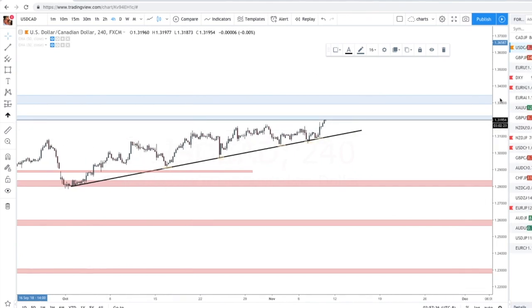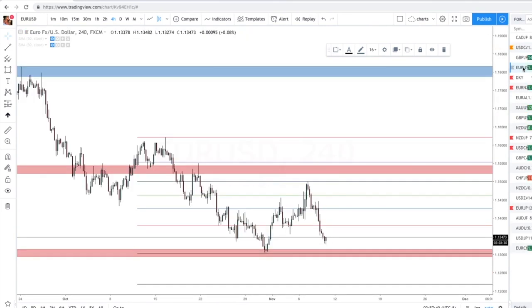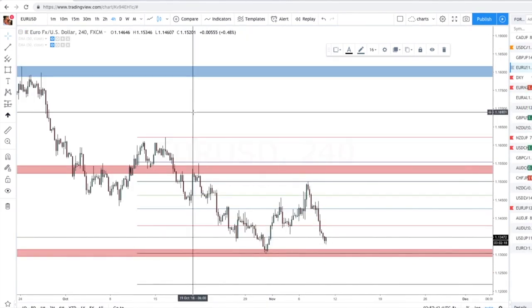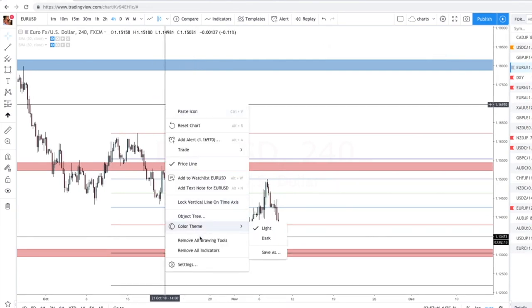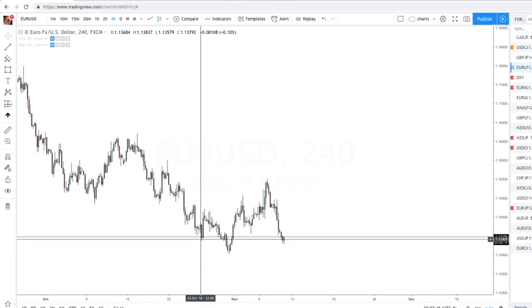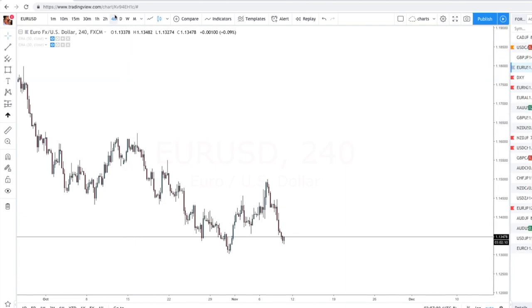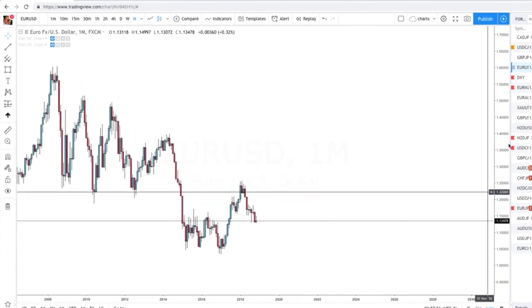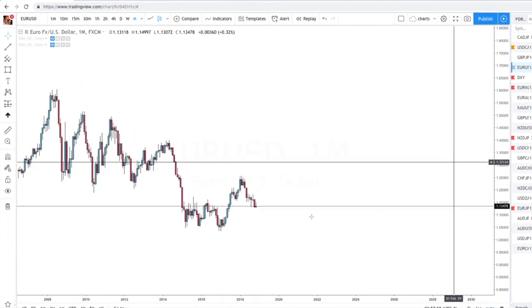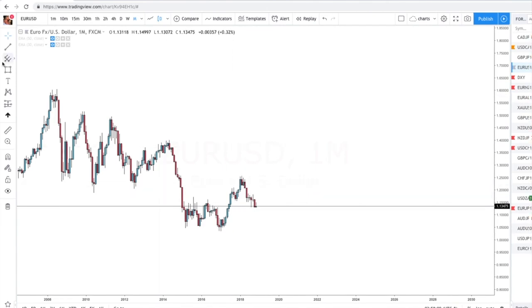So we can do one more example. Let's do Euro USD. So looking at the monthly, we can mark our zone right here.